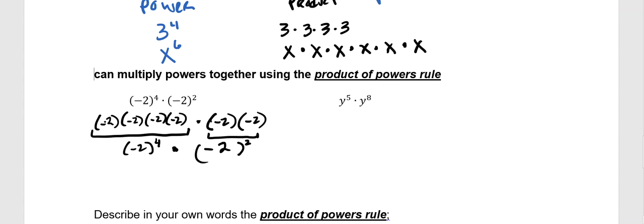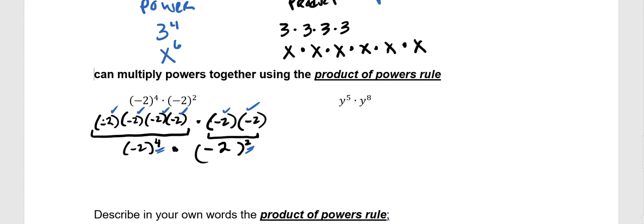We have a string of the same bases being multiplied together. How many of those do we have? We have 1, 2, 3, 4 to go along with the 4 there, and another 2 to go along with the 2 for the exponent there. So we have a total of 6. So what do we have in a simplified manner?